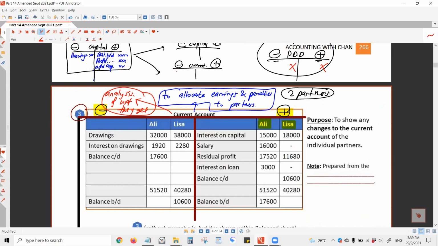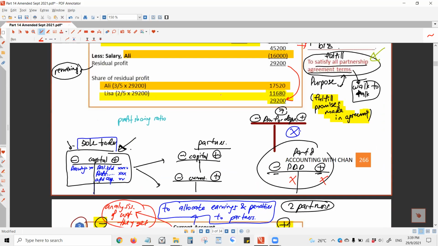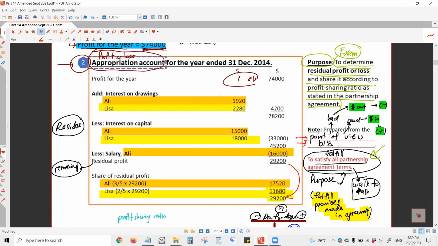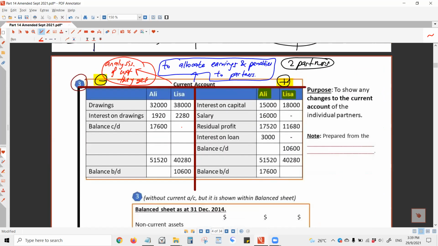We are doing analysis of what they are getting each. Since I say so, it's logical that whatever has appeared in the appropriation account here, these four things, are going to appear one more time in the current account, because you are now doing analysis of what they are getting.